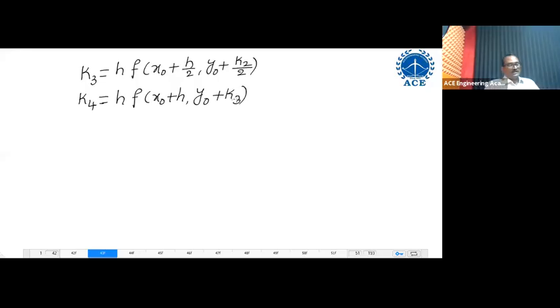Remember, Runge-Kutta's second order method. Euler's method is equal to Taylor series up to first derivative. Euler's method is also called Runge-Kutta's first order method. Runge-Kutta's second order method is equal to Taylor series up to second derivative.